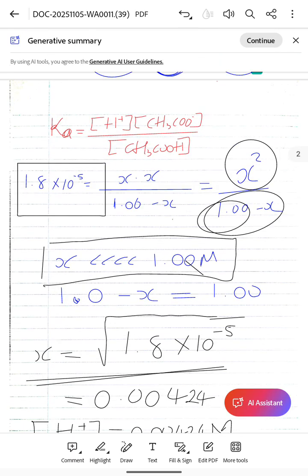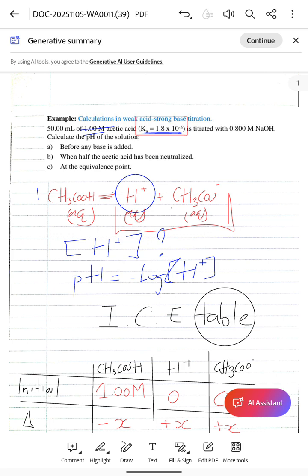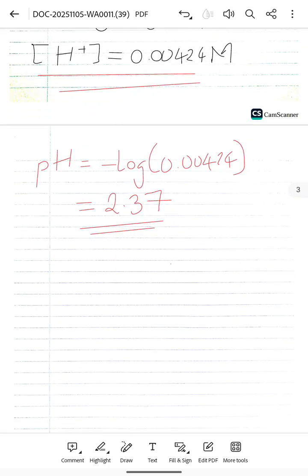So now, part B. You're asked to find the pH when half of the acetic acid has been neutralized. So how can we go about this?